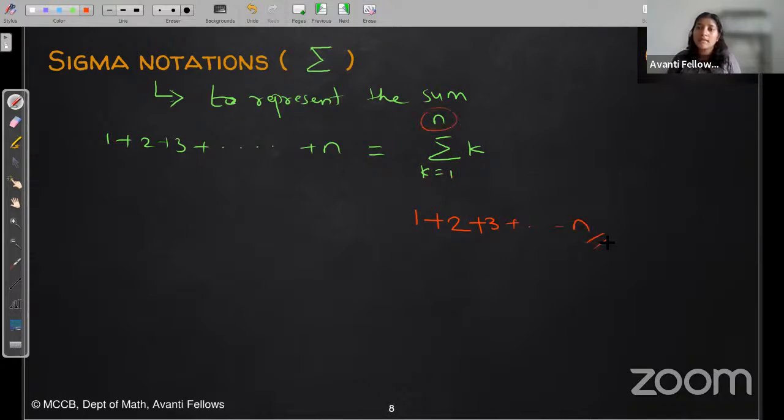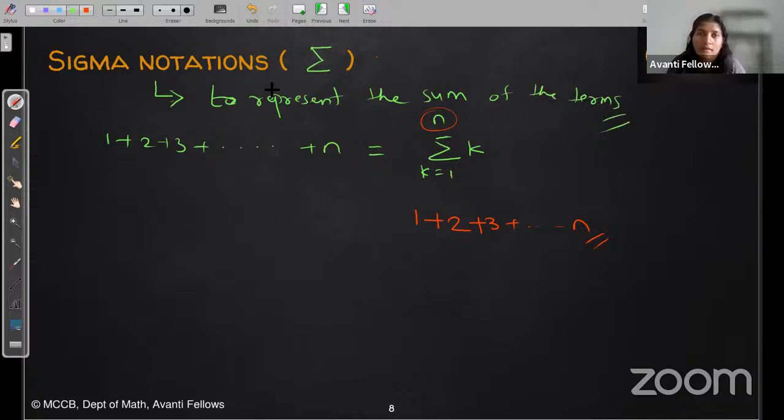This is how we represent the sum of the terms. Sigma is the notation used to represent the sum of the terms. So is it clear to you all what sigma notation is?